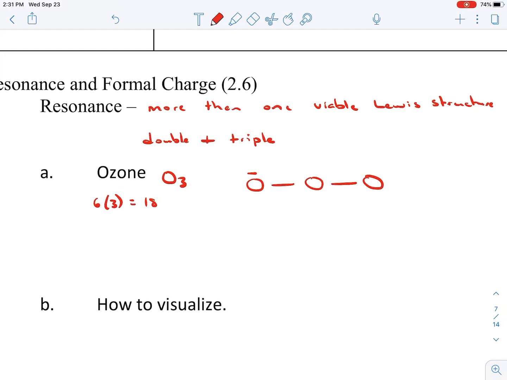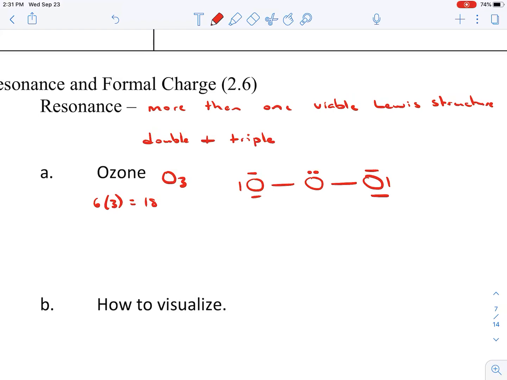A dash also represents 2 electrons, so you can do that because unfortunately I get lazy. All right, so now we have 2, 4, 6, 8, 10, 12, 14, 16. I've placed 16. I put those last 2 on my oxygen. So now I have 18 electrons placed, but my center oxygen is not full. It does not have its octet yet.